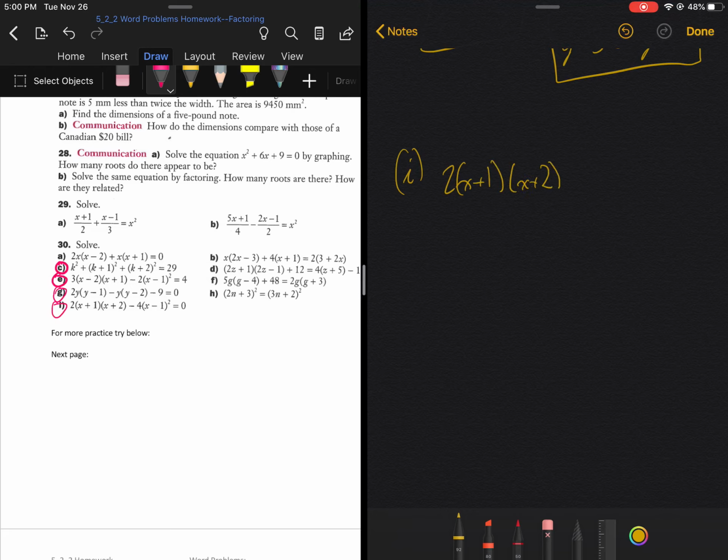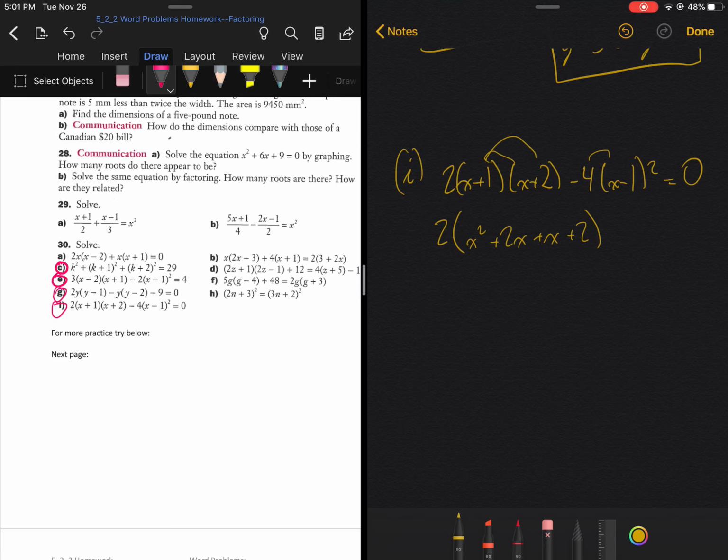Let's try I. (2x plus 1) times (x plus 2) minus 4(x minus 1) squared equals 0. So what do we do? We expand. Last time we multiplied this out. Let's just do FOIL first. 2 times x squared plus 2x.